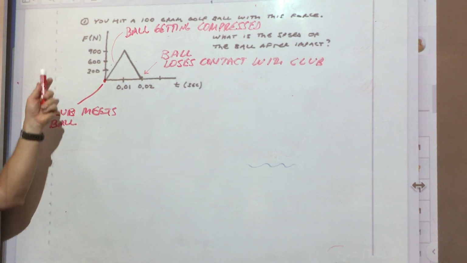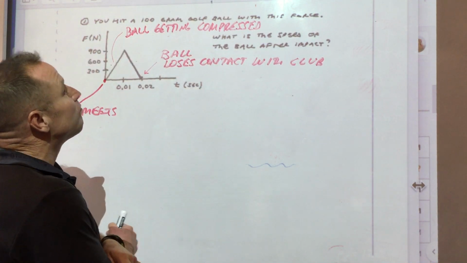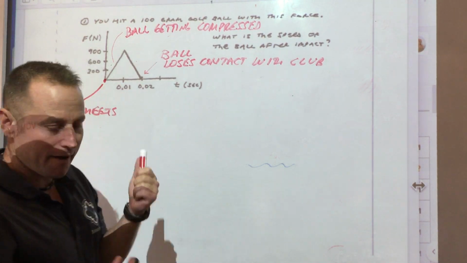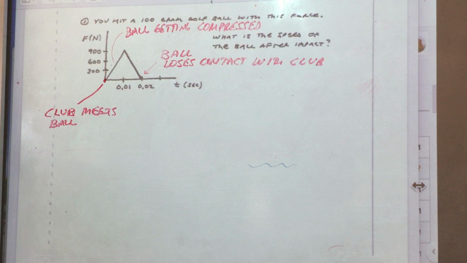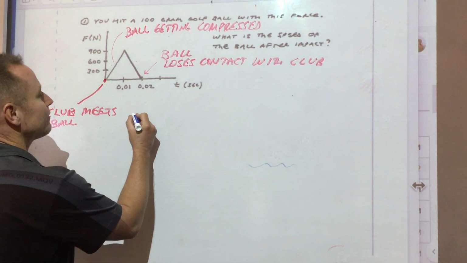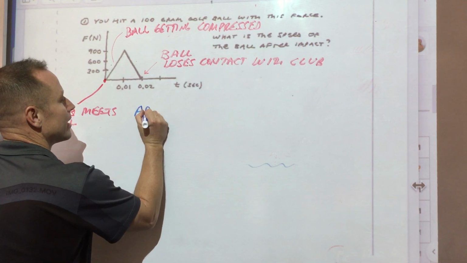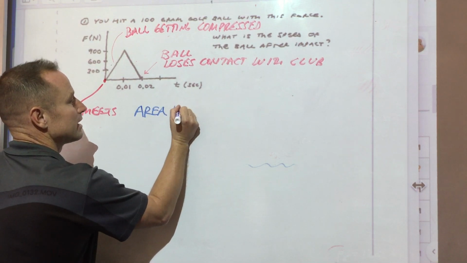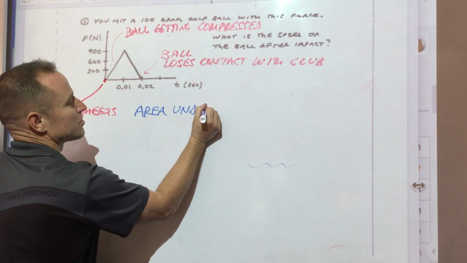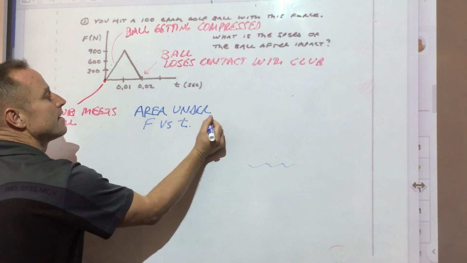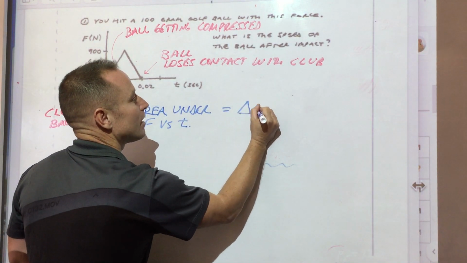And it says, you hit a 100-gram golf ball with this force, and it wants to know the speed of the ball after the impact. What we just learned is that here we're given a force versus time graph, so the area under F versus T is your delta P for the golf ball.